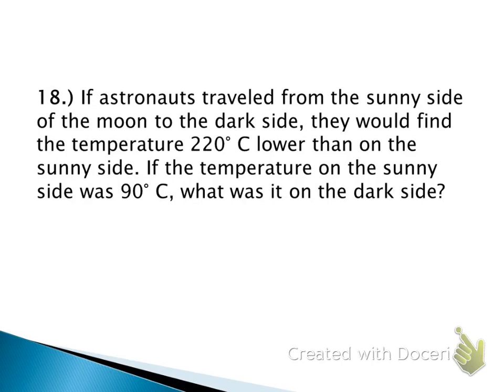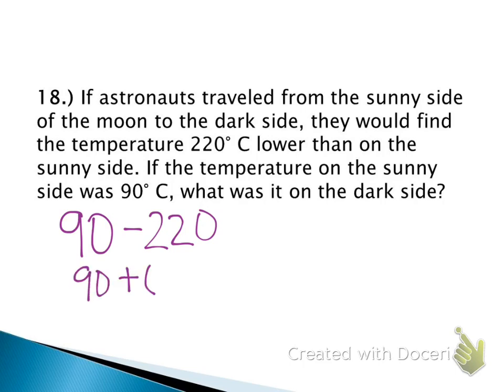So the sunny side was 90 degrees. If the temperature was 220 degrees Celsius lower, what operation do you think I need? A negative or subtraction. So you could think about it as subtracting 220 or adding a negative 220. Either way you think about it is fine.